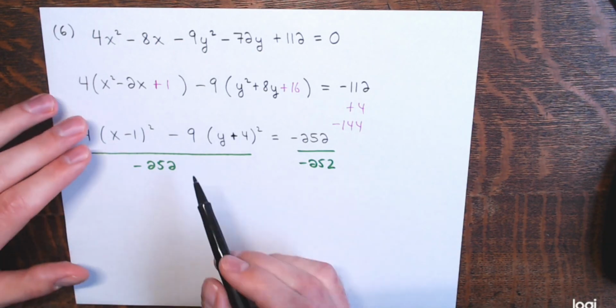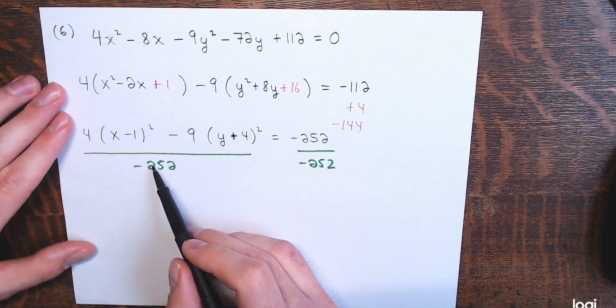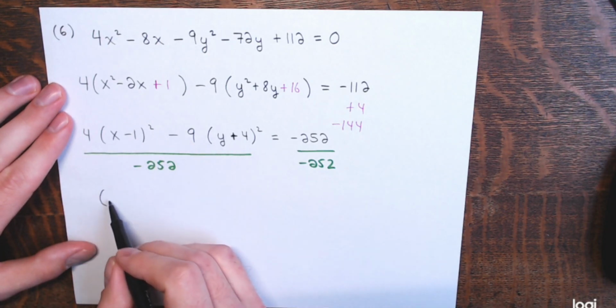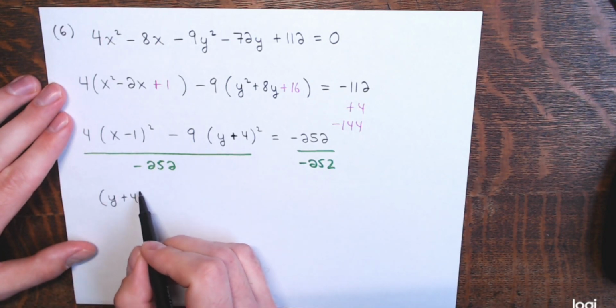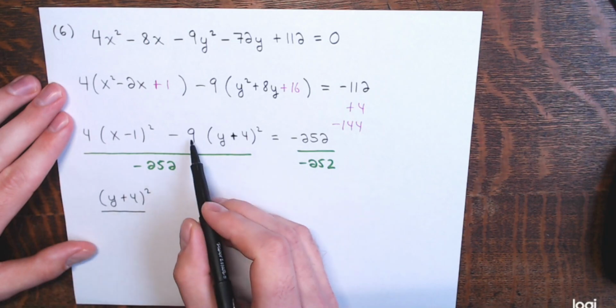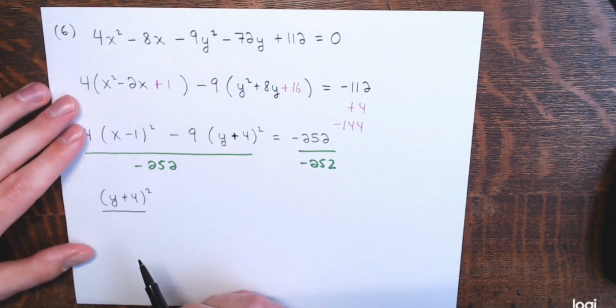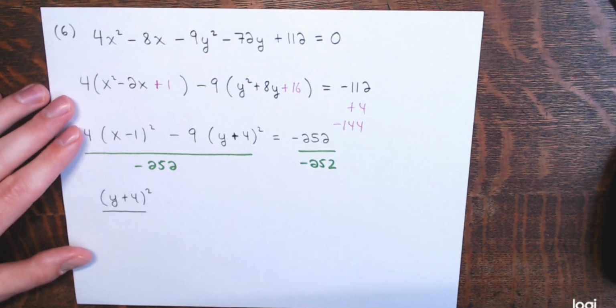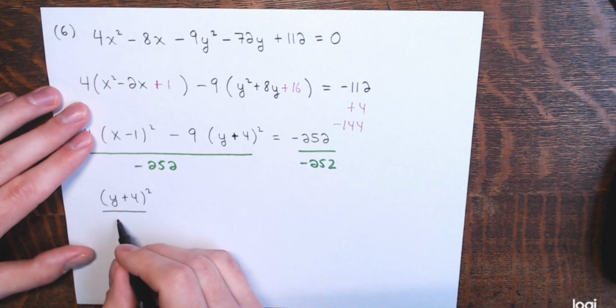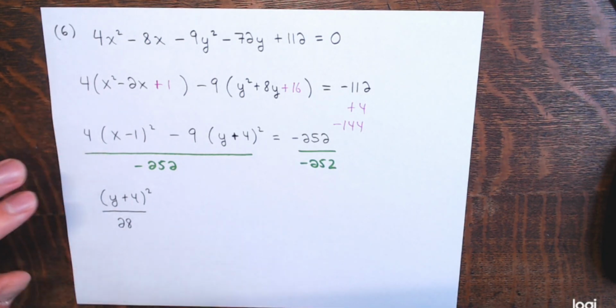Now I'm going to switch these because negative divided by negative is positive, so we'll have the y squared term first with the positive coefficient, y plus 4 squared divided by, and then negative 9 divided by negative 252 would be positive, and 9 goes into 252 28 times. 9 times 28, it's 180 plus 72, that's 252.